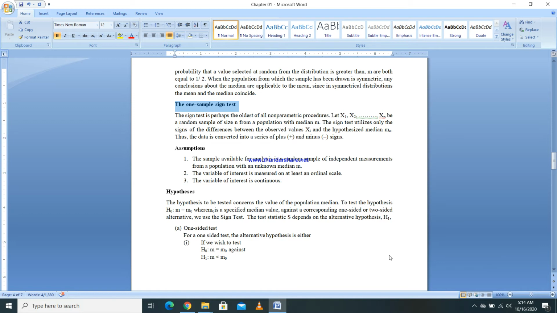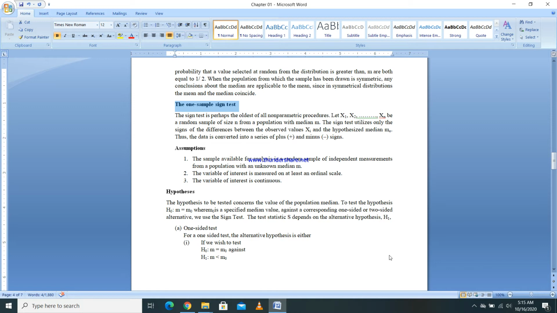It can be interval or ratio, but it should be at least ordinal, not nominal. Also, the variable of interest should be continuous. So you can see it's very easy to satisfy these assumptions. If you can satisfy them and you are testing for the population median, you can go with the one sample sign test.